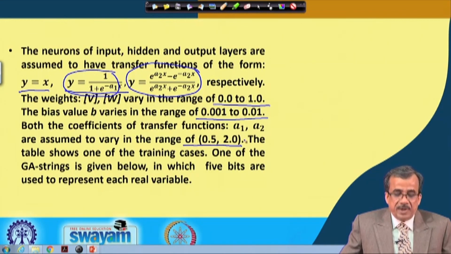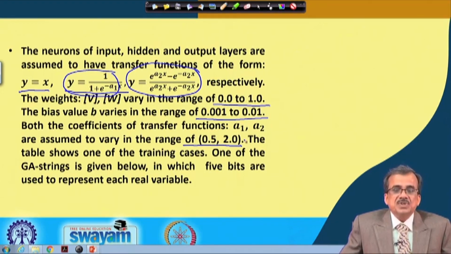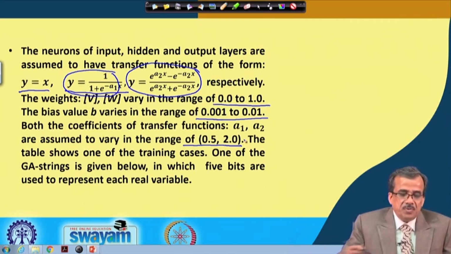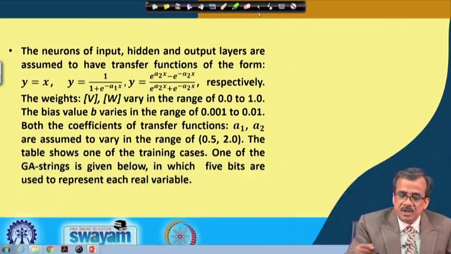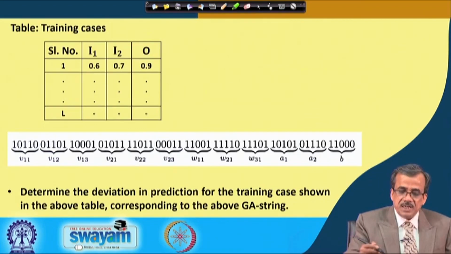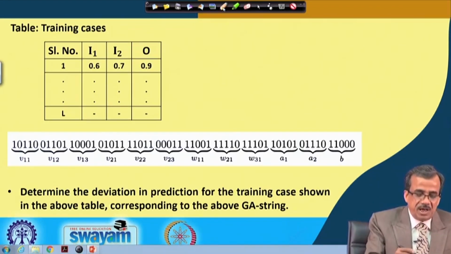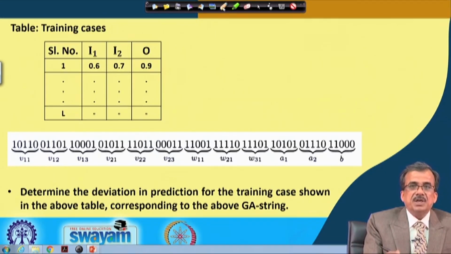Now, we are going to show one training scenario, and for this training scenario we will have to find out what the output should be, and that output we will have to compare with the target output just to find out the deviation in prediction. The training scenario, as I told, is nothing but the input output relationship.